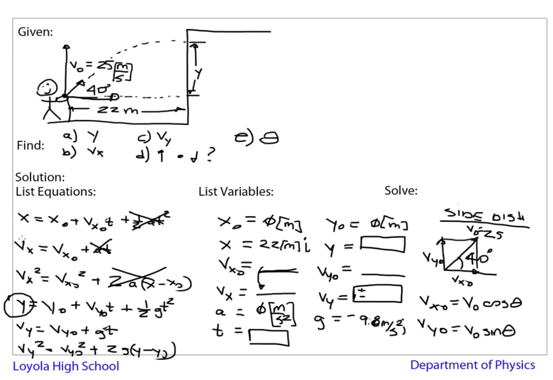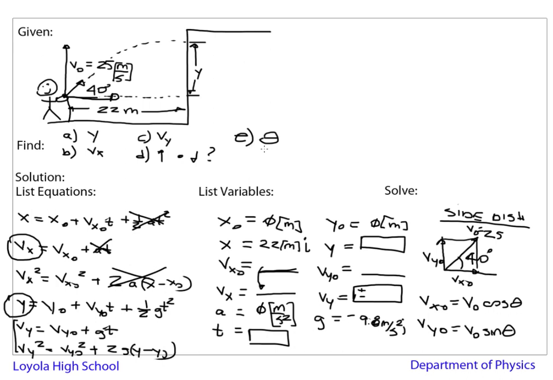I need to solve for this, which if there's no acceleration in the x direction, it's the same, which we know. And we need to solve for Vy. You have a choice here for Vy. All right. So that addresses B and C. The direction of the motion upon hitting will be basically the sign.